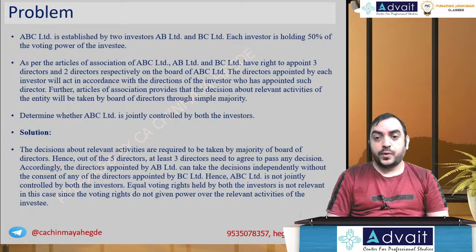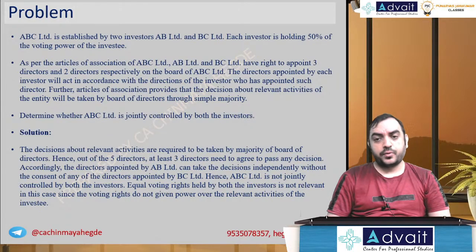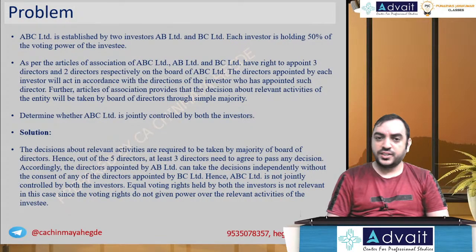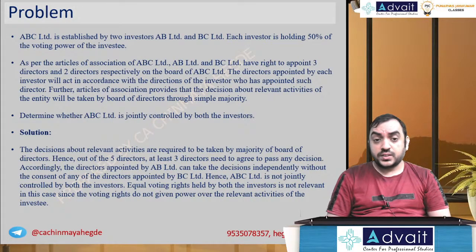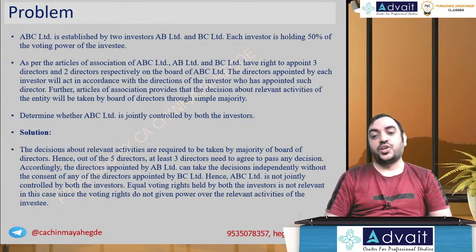The directors appointed by each investor will act in accordance with the directions of the investor who appointed them. Further, the Articles of Association provide that decisions about relevant activities will be taken by the board through simple majority. Is ABC Limited jointly controlled by both the investors? Straightforward answer actually.